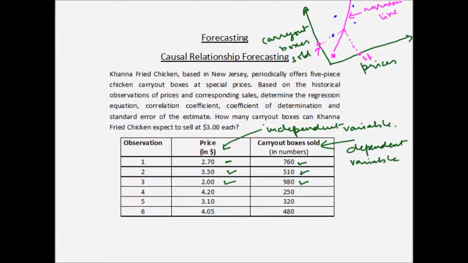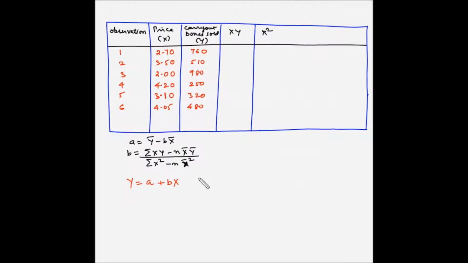So let us find out the regression equation for the regression line, and then we'll proceed to find out the correlation coefficient, coefficient of determination, and the standard error of the estimate. So this is the information that has been provided to us in this example.